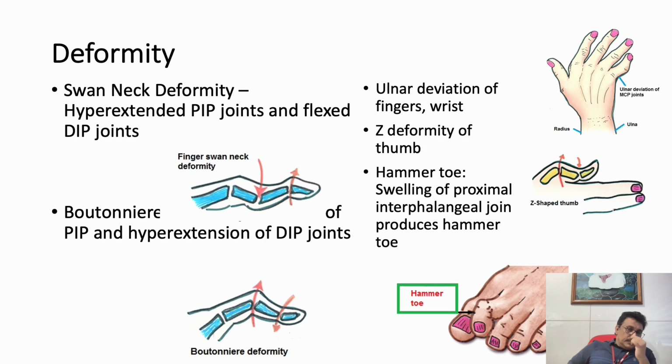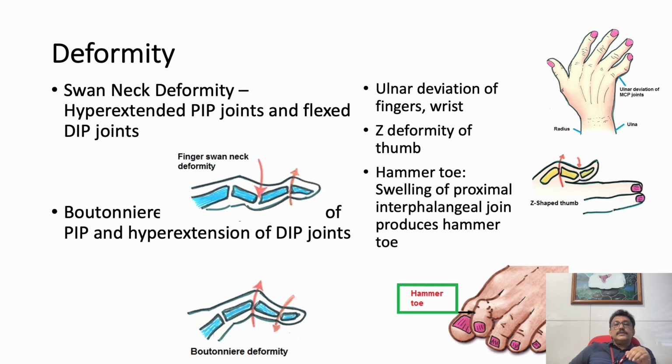Now there are different types of deformity, since it's a deforming arthritis, after destruction the joint can be deformed. Swan-neck deformity: hyperextended PIP joints and flexed DIP joints. Boutonniere deformity: PIP is flexed and DIP joints are hyperextended.